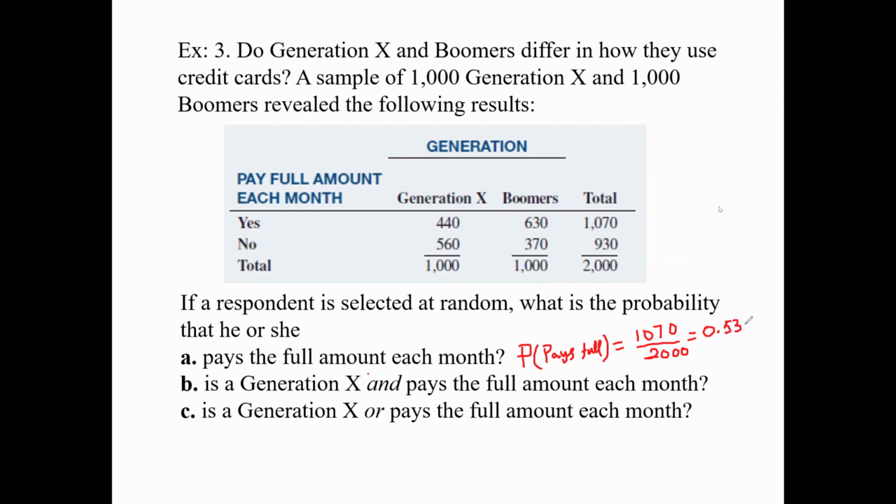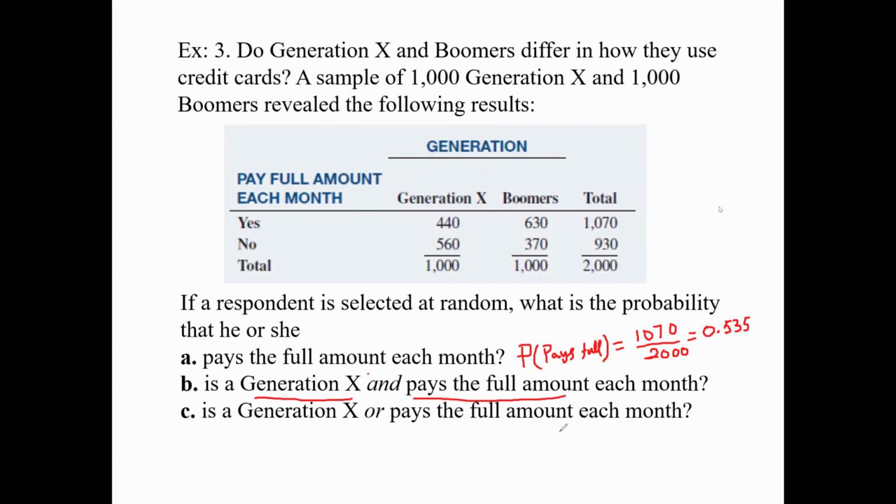You can expect similar questions for your end of term exam. Now, part B: generation X and pays the full amount each month. So what is the probability of generation X and pays the full amount? It is a joint probability. So you have to look at generation X, and also you have to look at pays the full amount.